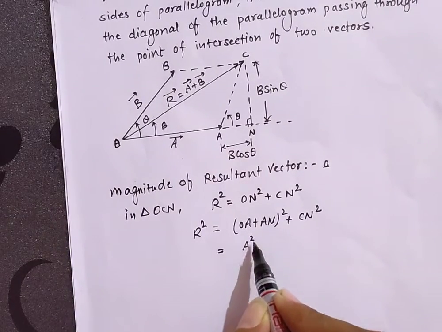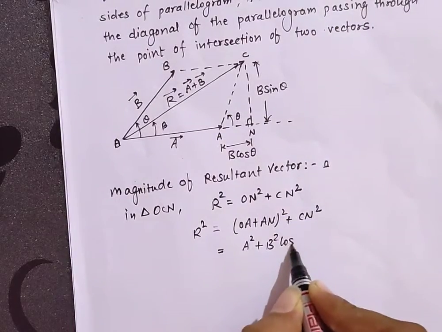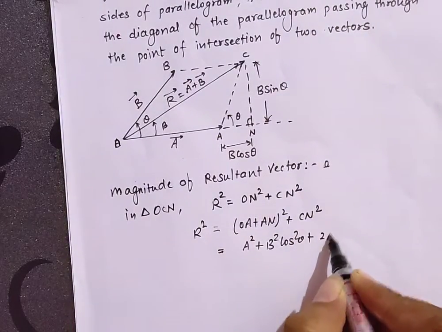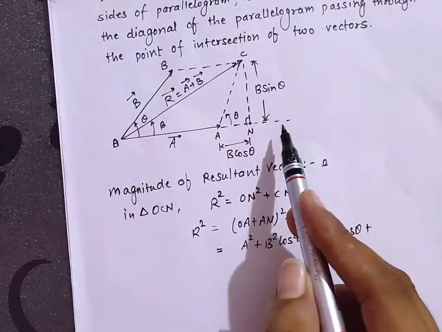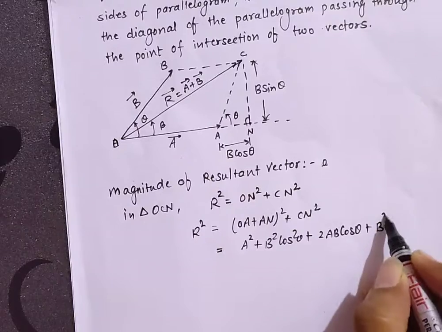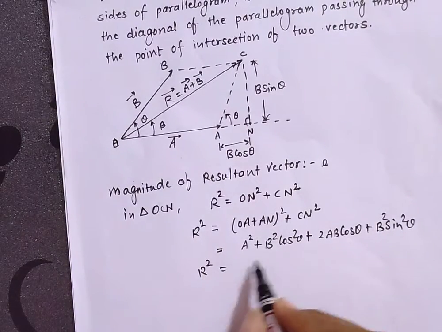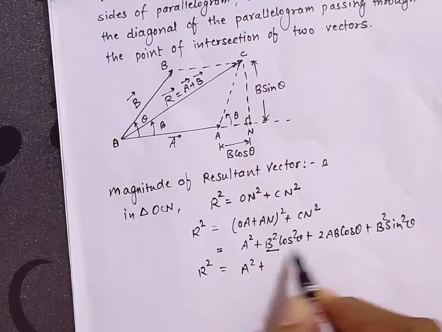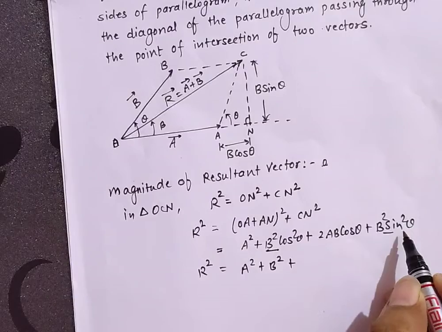That is OA square, which is A square, plus AN square, where AN is B cos theta, so B square cos square theta plus 2AB cos theta, plus CN square. CN is equal to B sin theta, so B square sin square theta. So resultant R square is equal to A square plus B square, cos square theta plus sin square theta, which is equal to 1.